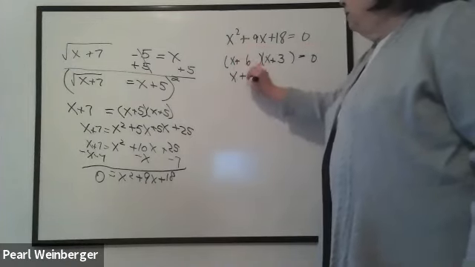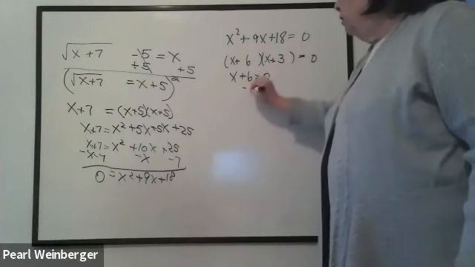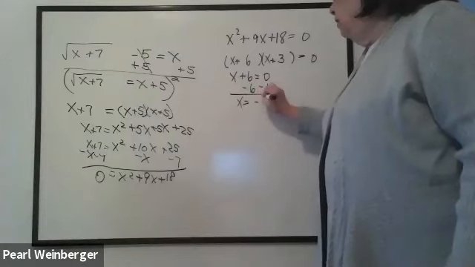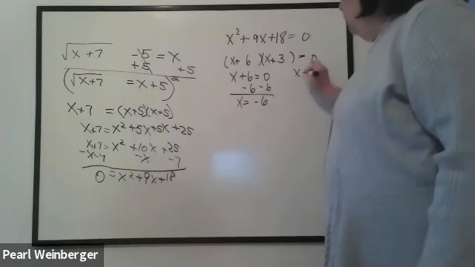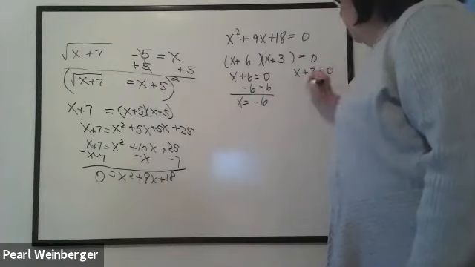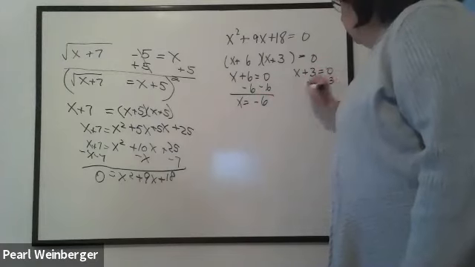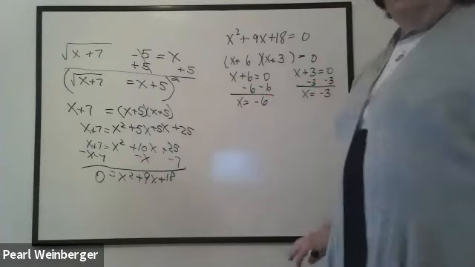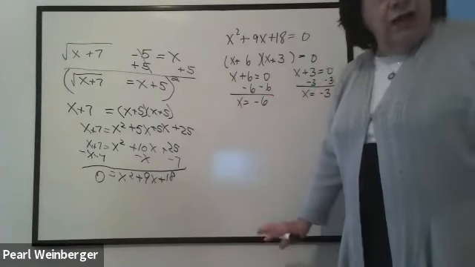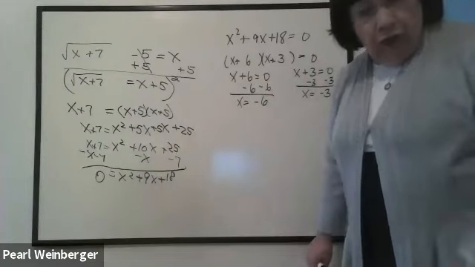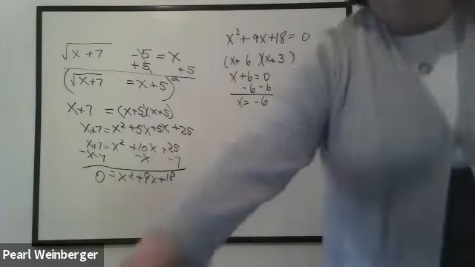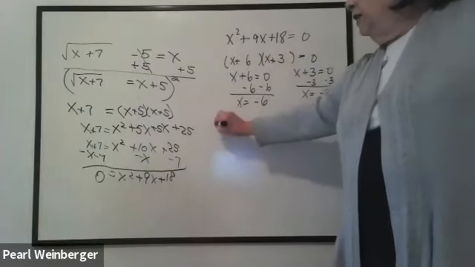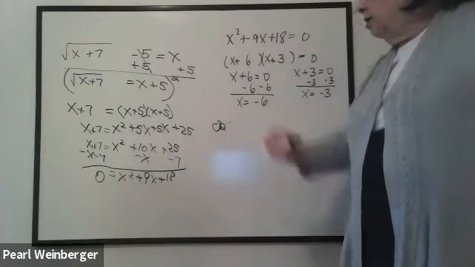X plus 6 equals 0, so one answer I get is x equals negative 6. And x plus 3 equals 0 gives me x equals negative 3. I ended up with 2 answers. Do I stop right here? No. Because this is a radical equation, I've got to check my answers.